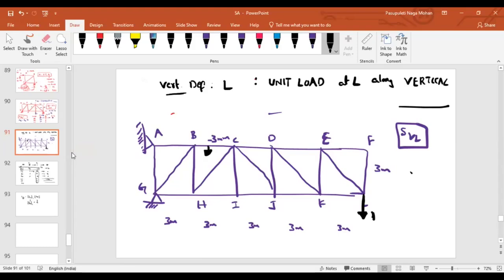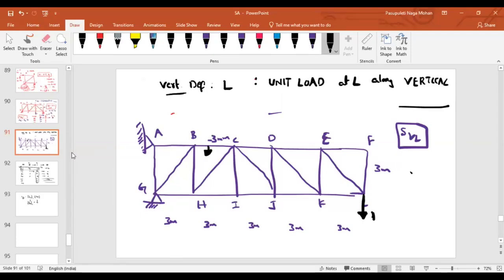Would you like to use the method of joints? Not possible, because three members are connecting at joint B. Instead, you have to go for the method of section.